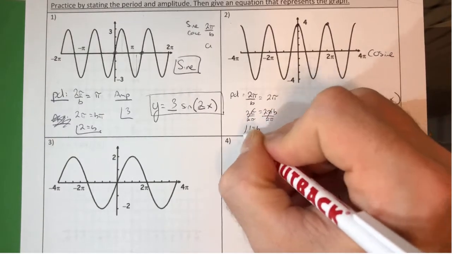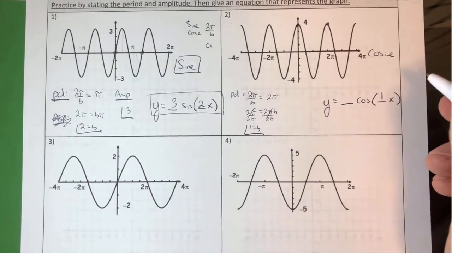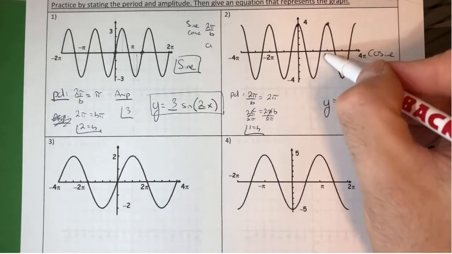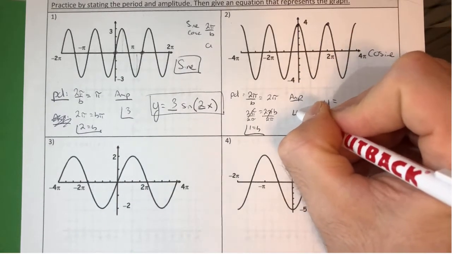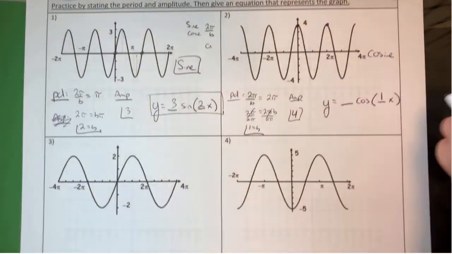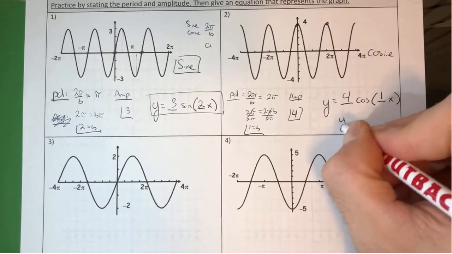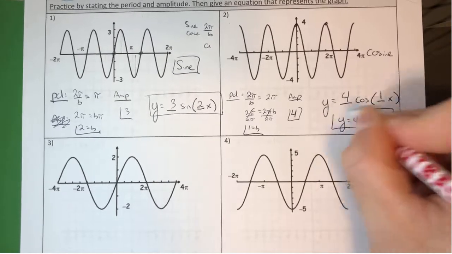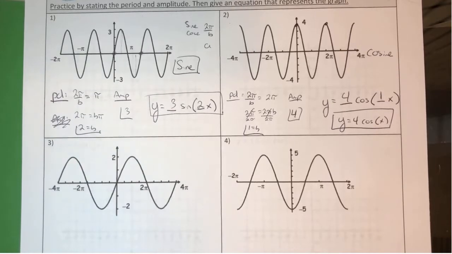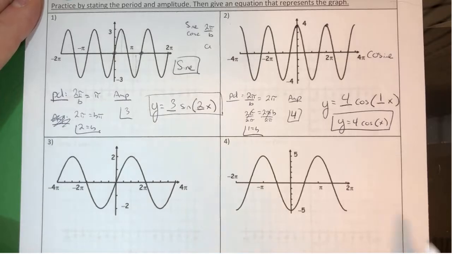I'm going to get b equals 1. So I know it's just going to be a 1x right in there. My amplitude, again, is how high and how low does the graph go? Well, it goes up and down to 4. So my equation, I'm going to reduce this a little bit, is y equals 4 cosine of x. That's it. Let's do 2 more just to be sure.